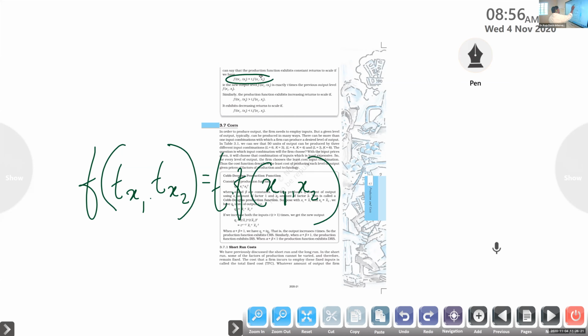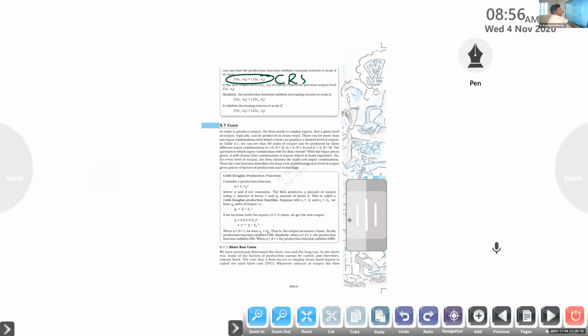This is related to CRS, constant returns to scale. That is the equation for constant returns to scale. Just write it down: CRS, constant returns to scale. Function of tx1 and tx2 is equal to t times the function of x1 and x2. Coming to the next point, f of tx1 and tx2 is the new output level.